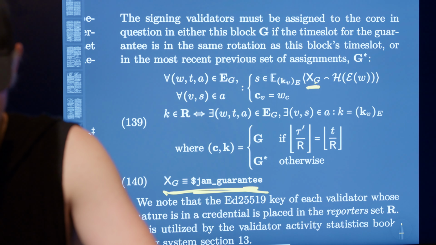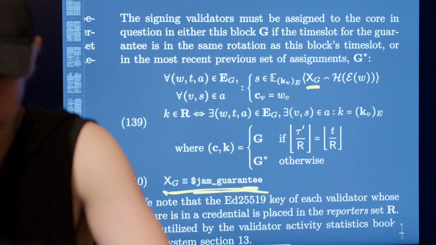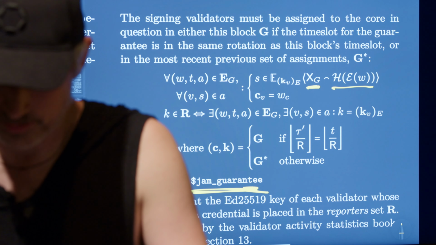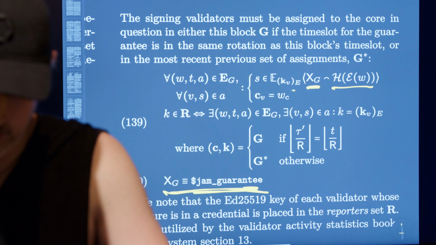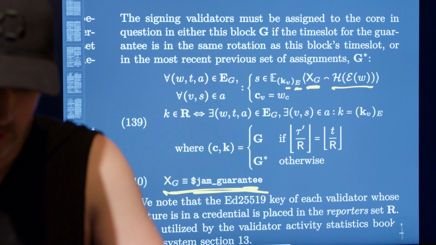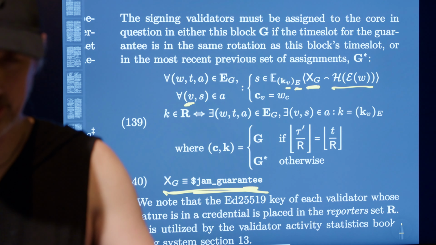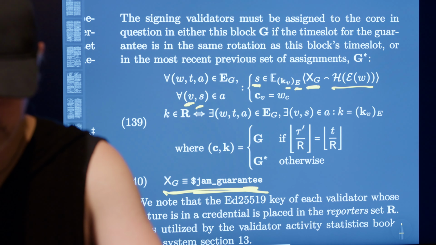We're going to concatenate that to the hash of the encoded work item, but obviously you have to encode it before you can hash it. That's the material that we're signing, that's the message. Who is signing it? It's the ed25519 key of our validator key set, indexed by V. V, if you remember, is our validator index. S is the signature, that's the thing that we're checking here.